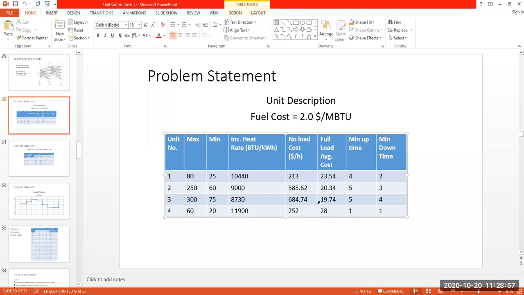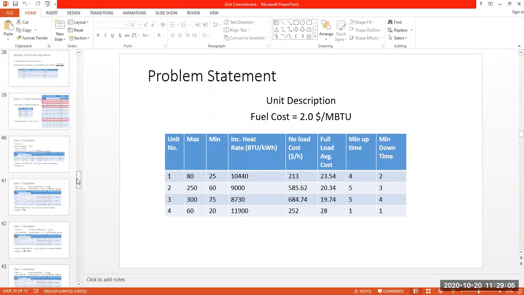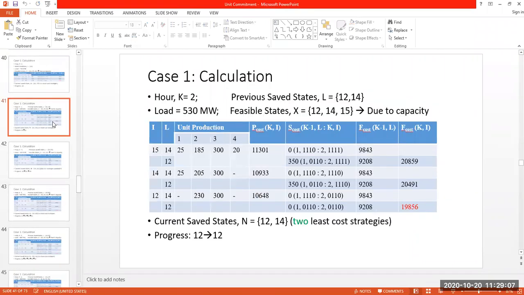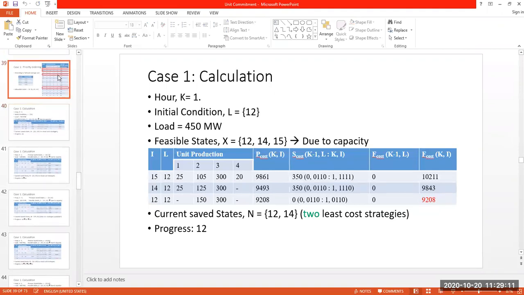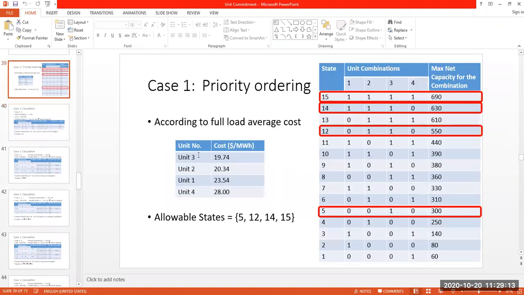So the priority ordering would look like this: 3, 2, 1, 4, according to the value given. So this is what is done here. They are preparing the priority ordering list with the shuffled unit numbers: 3, 2, 1, and 4.